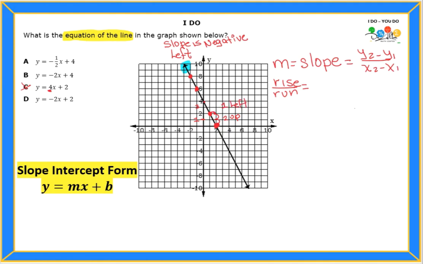So I'm going to say 2 over negative 1, because since I'm going to the left, it's negative. But this is the same thing as saying negative 2 over 1. It's exactly the same. So look, I'm going 2 up, 1 to the left. So my slope is 2 over 1, but a negative 2 over 1, or you can just say negative 2.